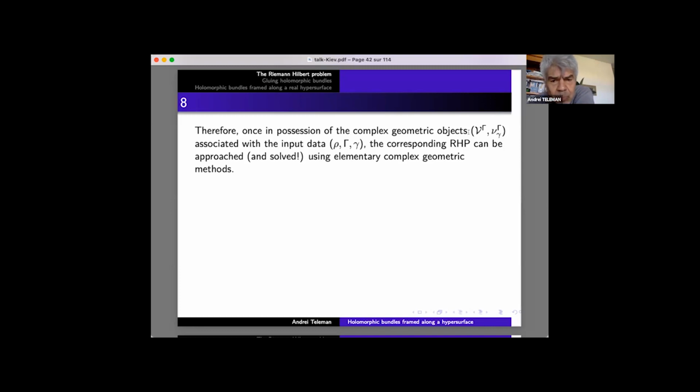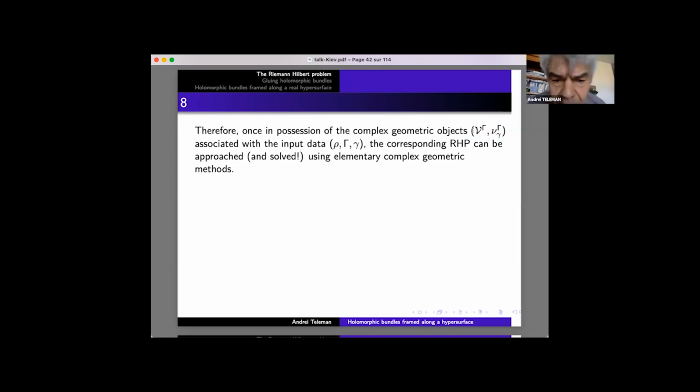From a pure mathematical point of view, I can say the problem is solved, because as soon as we have our input data, the representation, the map gamma on the curve, and the polynomial small gamma, I construct in a very explicit way a coherent sheaf. I prove that it's locally free of known rank. I apply the Grothendieck theorem, and then I come to easy complex geometric objects.